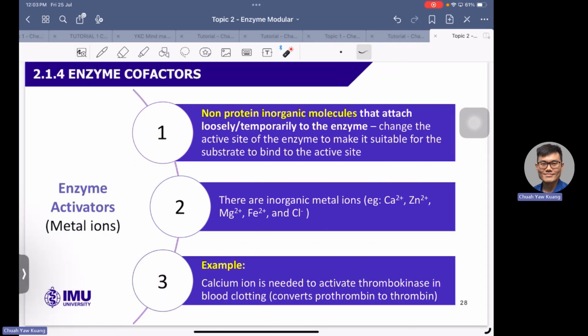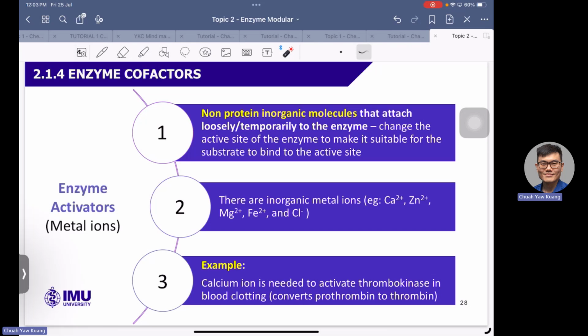The metal ion enzyme activator will bind temporarily to any site of the enzyme, not the active site. For example, at the beginning, this is the active site, this is how it looks. The activator needs to bind to another site of the enzyme so that it makes changes to the active site.